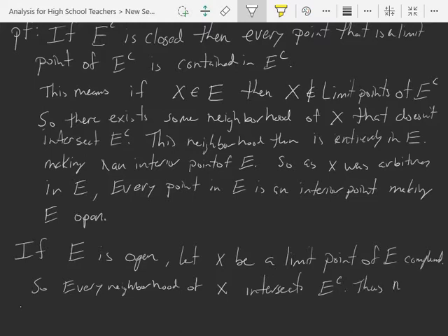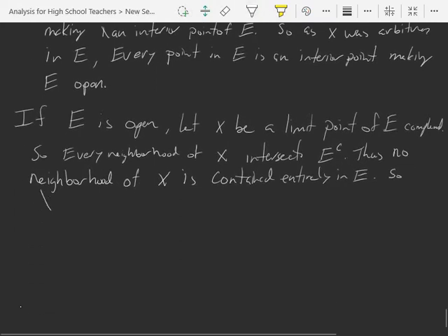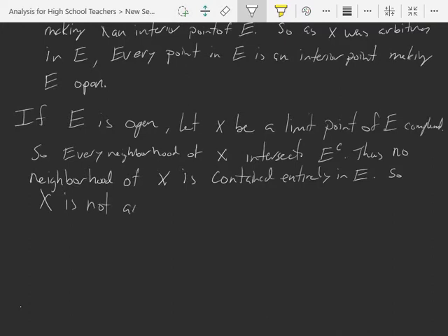Thus, no neighborhood of X is contained entirely in E. So X is not an interior point of E, as E is open.